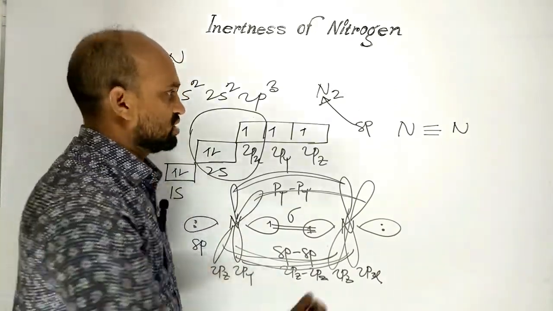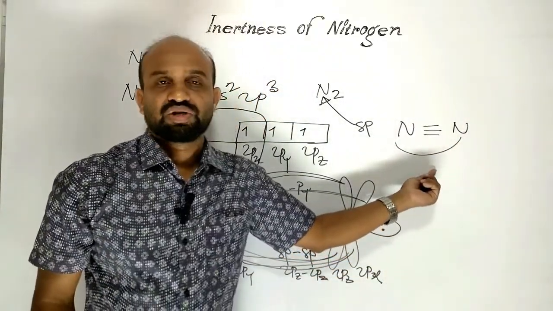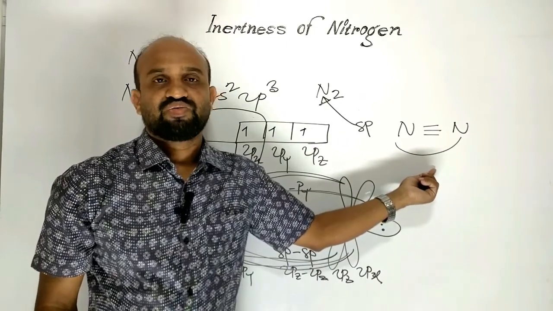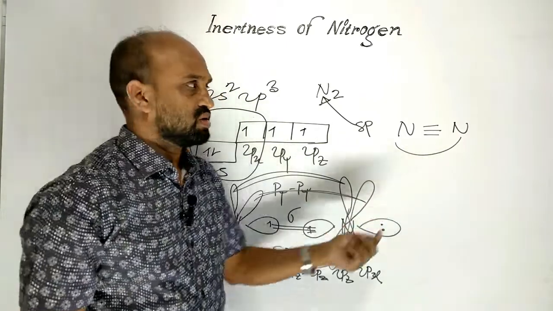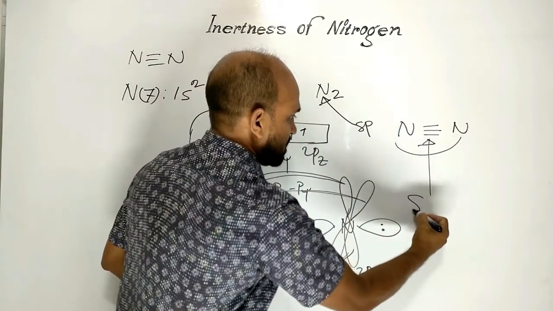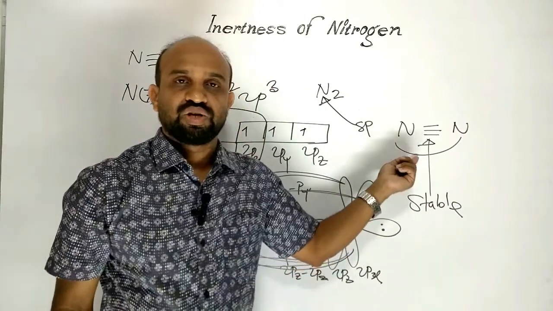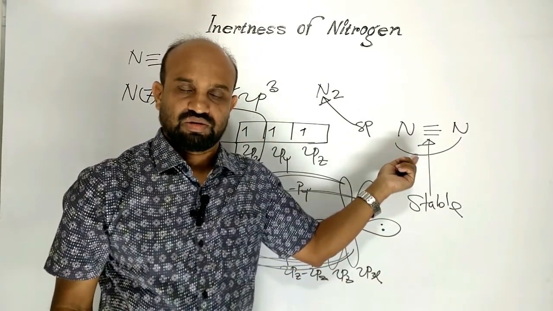In this way, between two nitrogen atoms, three bonds are formed. Because of the formation of three strong bonds, the nitrogen molecule becomes stable.